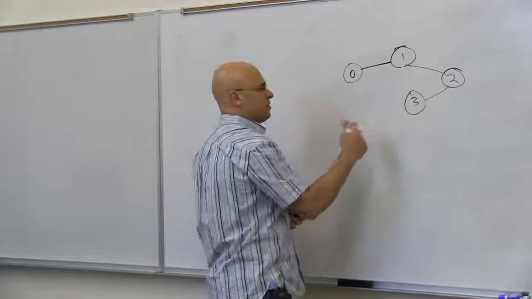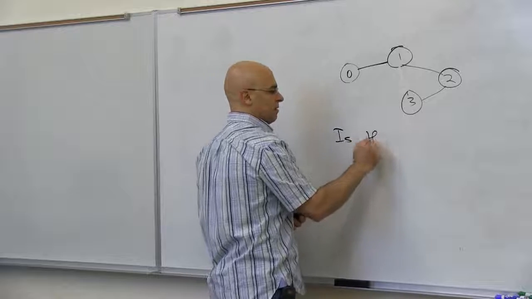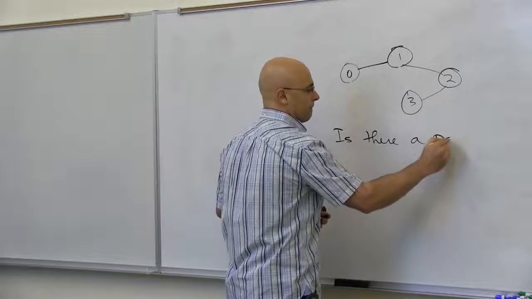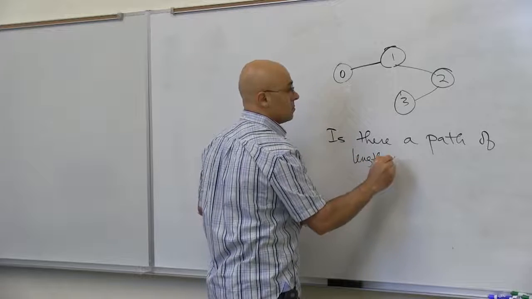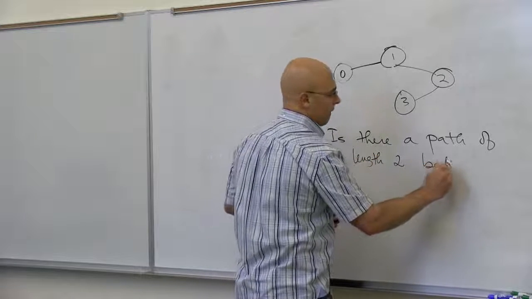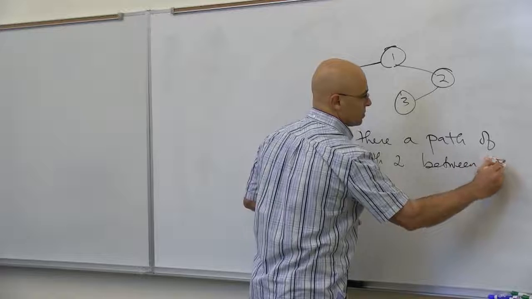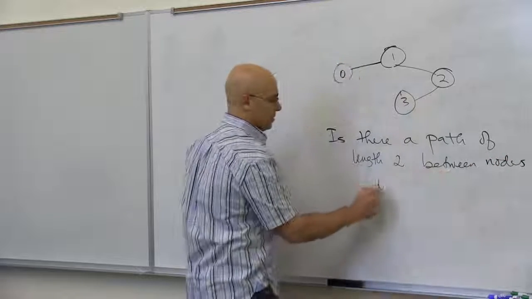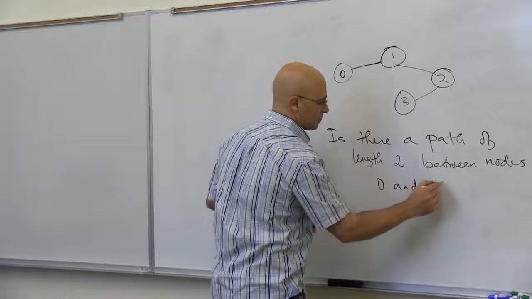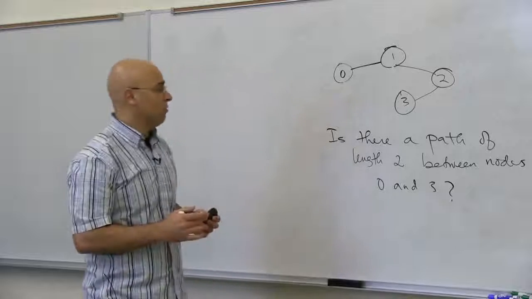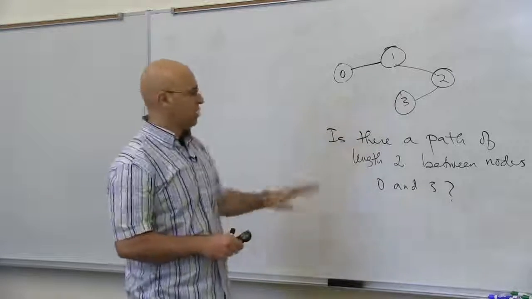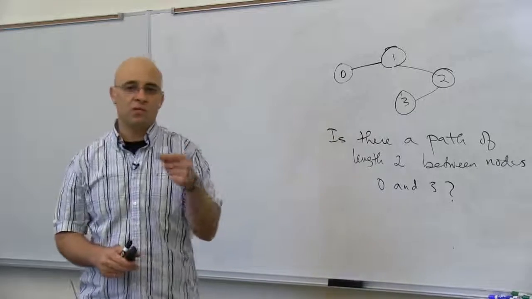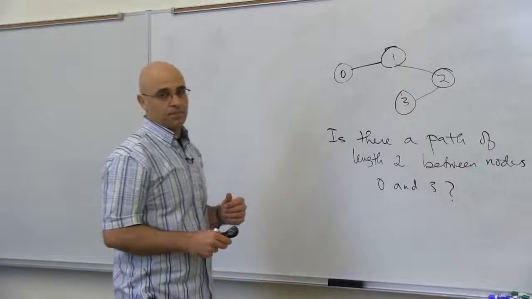And I say that my question is, is there a path of length 2 between nodes 0 and 3, for example? Of course, the answer is no. If I look at nodes 0 and 3, there is no path of length 2. But how do I check this? How does a computer program and how does an algorithm test this?